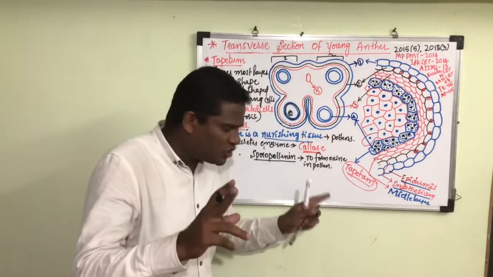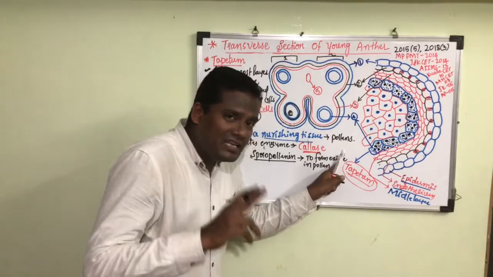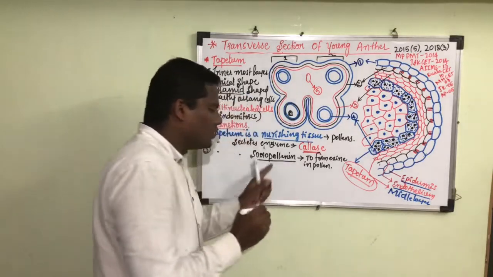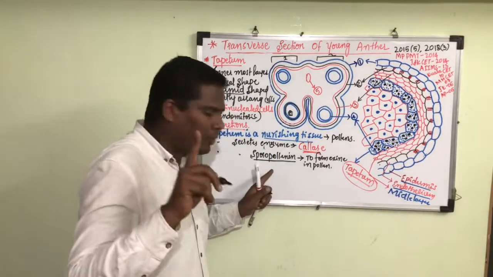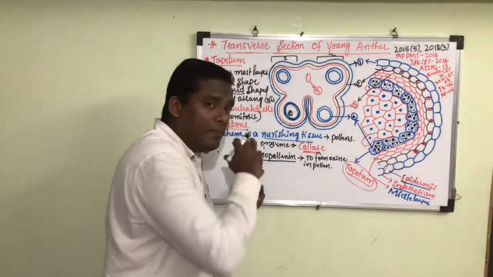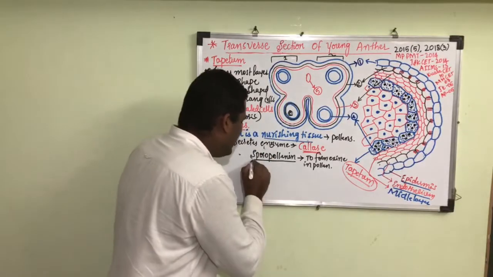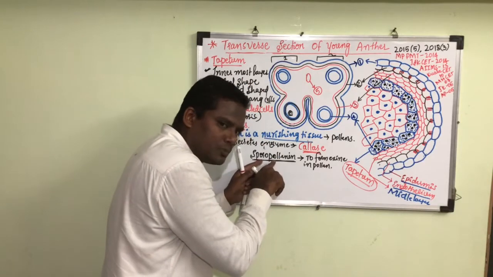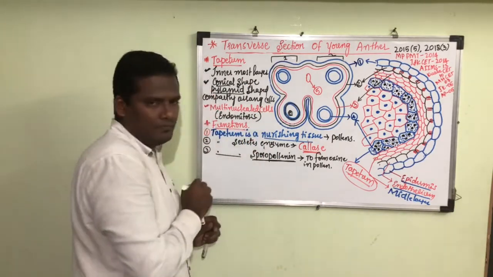The outermost layer of the pollen grain is called exine, and this exine is made up of a substance called sporopollenin, which is a non-degradable substance. No enzyme can degrade the sporopollenin, no acid can degrade it, and no base has any activity on it. It is a highly resistant material. This highly resistant material, sporopollenin, is secreted by the tapetum.